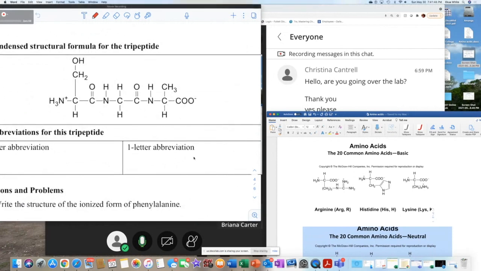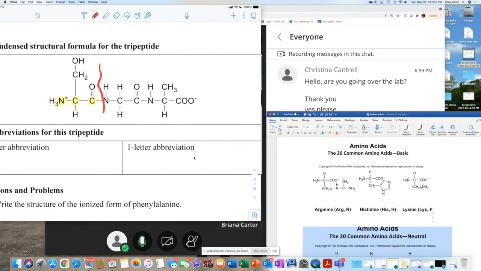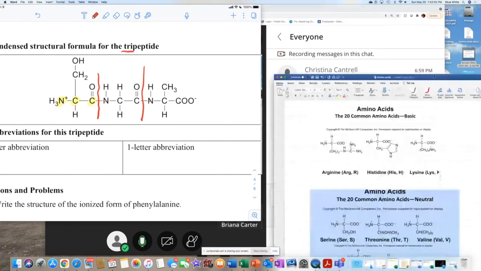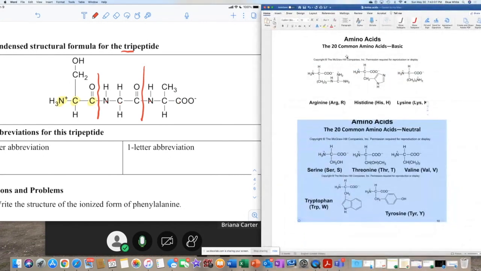For this part in the lab, once again, use the three central atoms, right? NCC to identify the amino acid, the cutoff point for the amino acid, right here. NCC, another amino acid, NCC. Okay, so we have three amino acids, says so right here, tripeptide. We're going to use this thing I have right here to determine which side group this is.